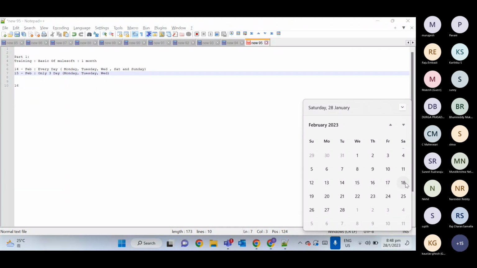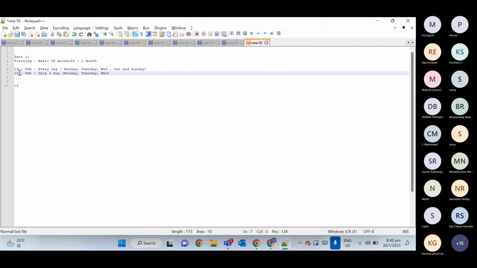So the 18th will be next. Till the 15th we will have it, then from the 18th we will start the second part.